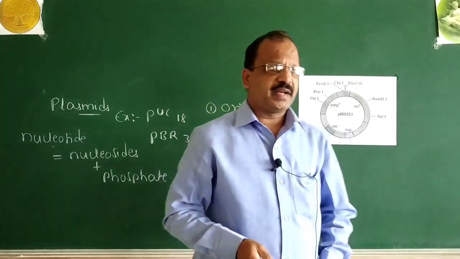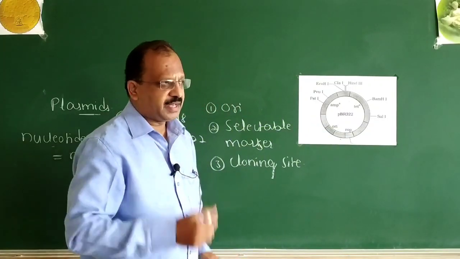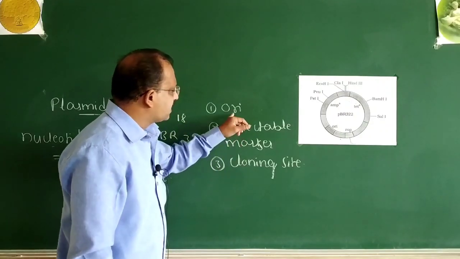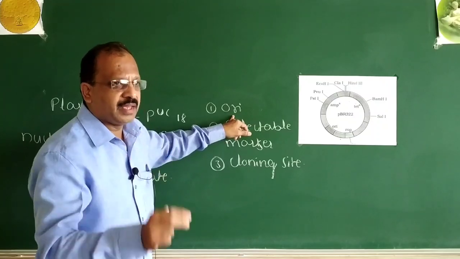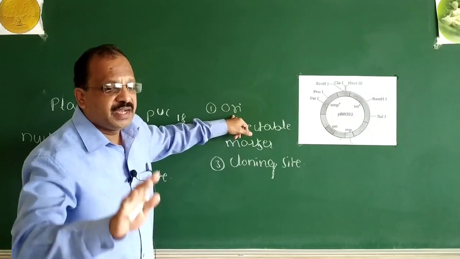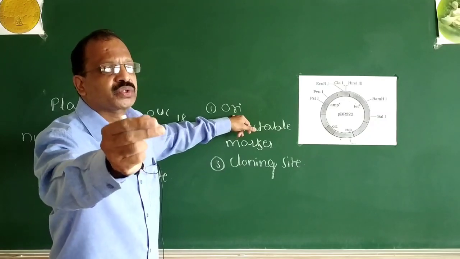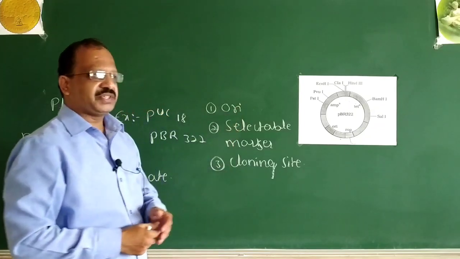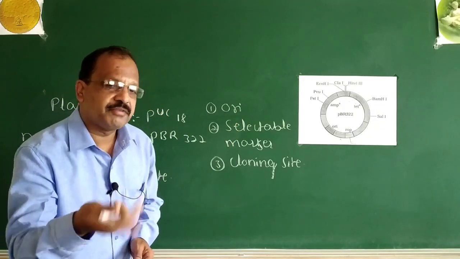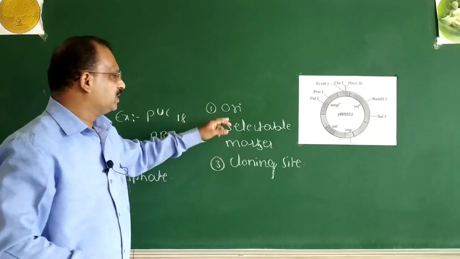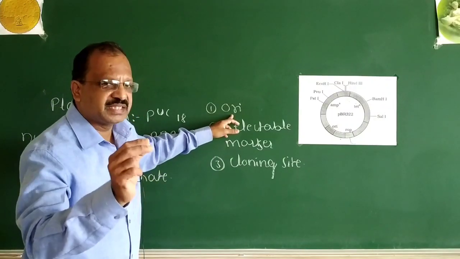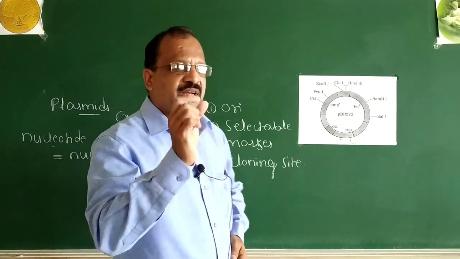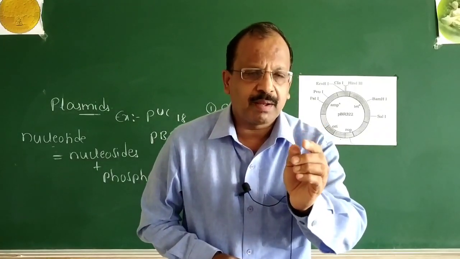When a piece of foreign DNA, or alien DNA, is ligated to the ORI, or origin of replication site, it is made to replicate within the host cell. Even this origin of replication site will decide the number of copies. Origin of replication will decide even copy numbers.